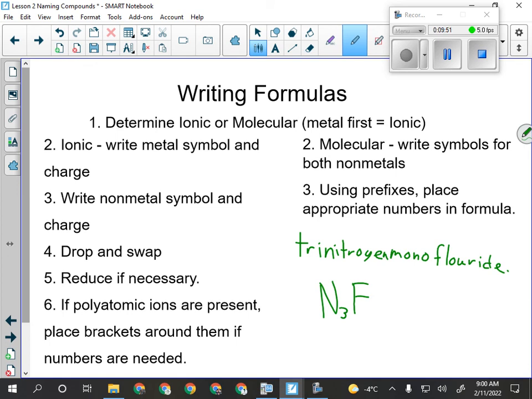All right, let's do one that's maybe a little bit hairier. Cobalt(III) carbonate.